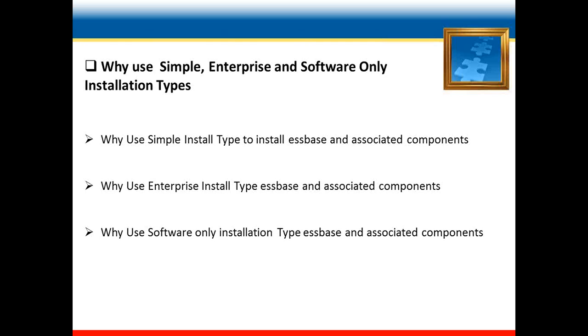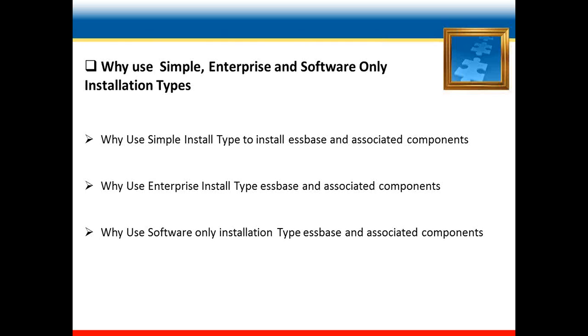Then third, why use software only installation type for Essbase and associate components. It installs the software binary files in an existing middleware home, and there is no specific Essbase related reason why to use software only install type.